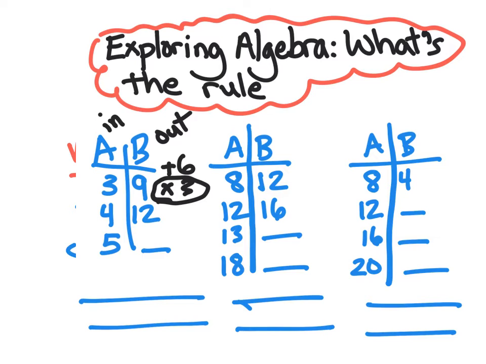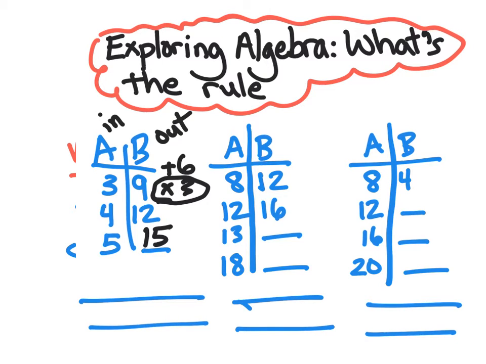So if 3 times 3 is 9 and 4 times 3 is 12, then 5 times 3 would be 15. So if I put in 5 and get out 15 and I multiply by 3, that's what we would need to do.